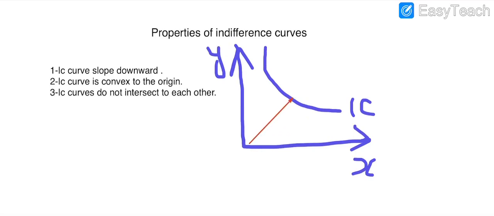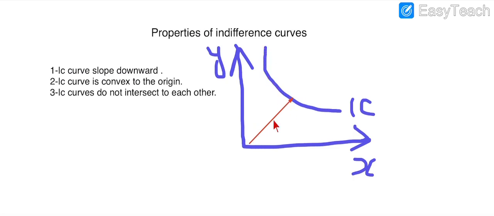IC is a curve which has a negative slope, and IC is convex to the origin, like this.